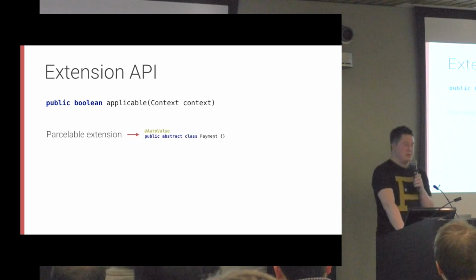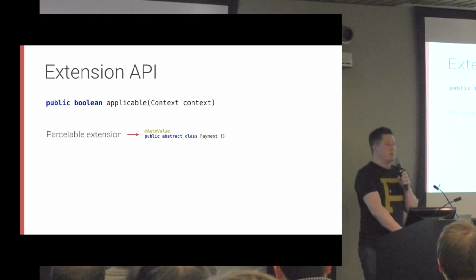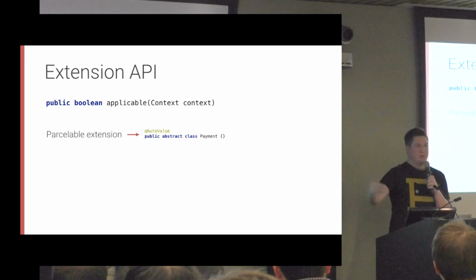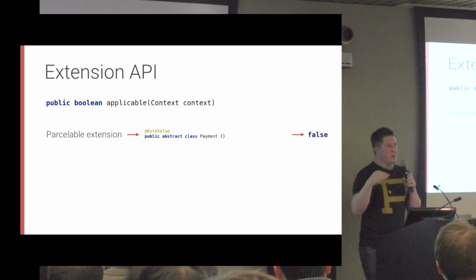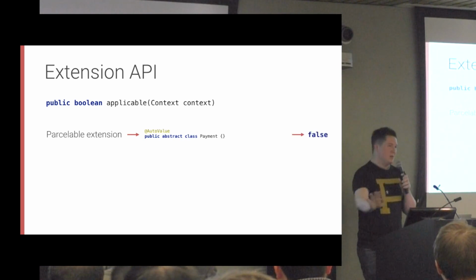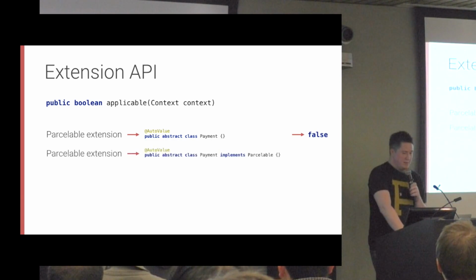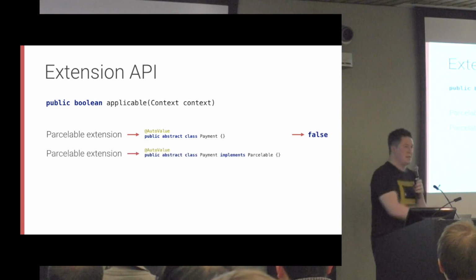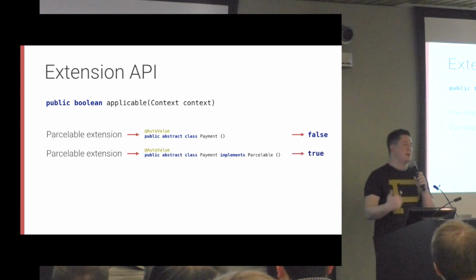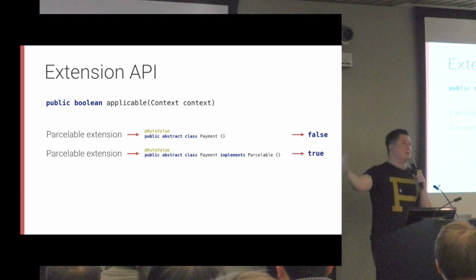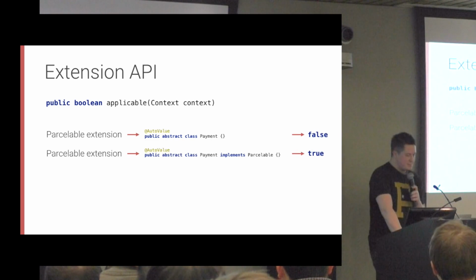So applicable allows us to say, I'm the parcelable extension, and I'm looking at this type which doesn't implement parcelable. No, I'm not applicable. I don't want to do anything for this type because I don't care about it. It's not parcelable. And if we do see that it is parcelable, then yes, I'm applicable, and that means other methods on the extension will be called.